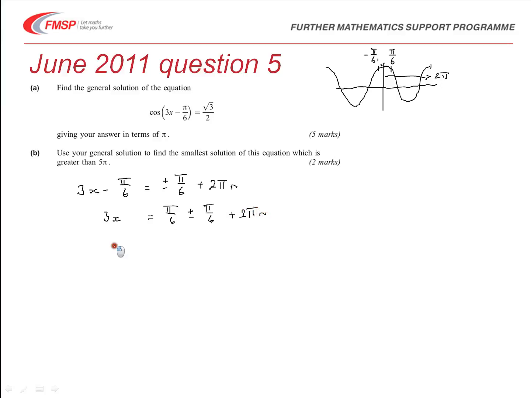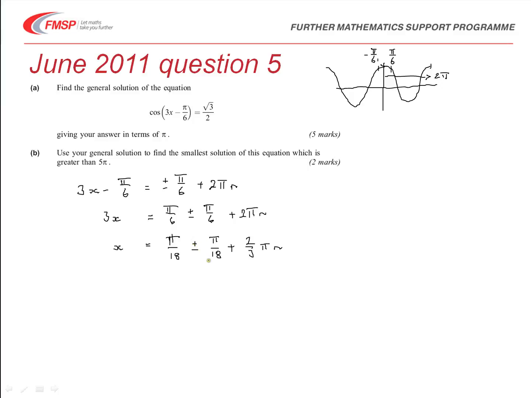And then if we divide through by 3, we get pi by 18 plus or minus pi over 18, and then we've got to divide the 2 pi n by 3, or we can write that as 2/3 of pi n. So there is our general solution to this particular equation.